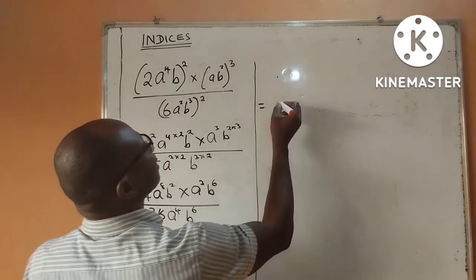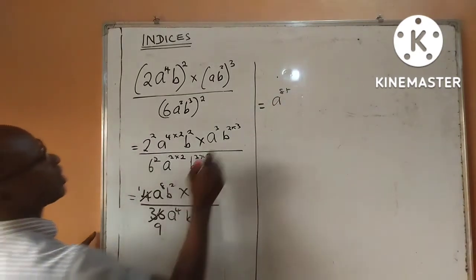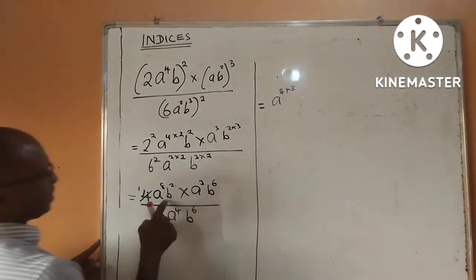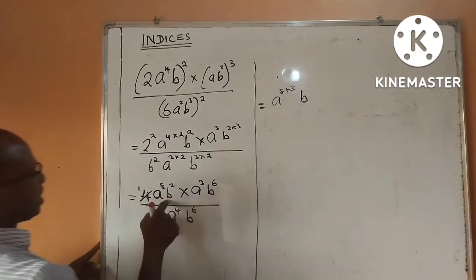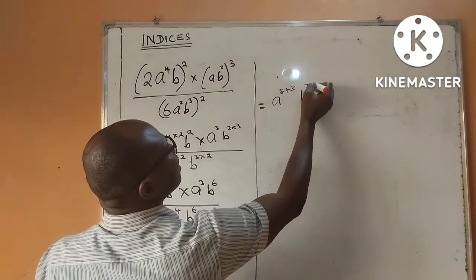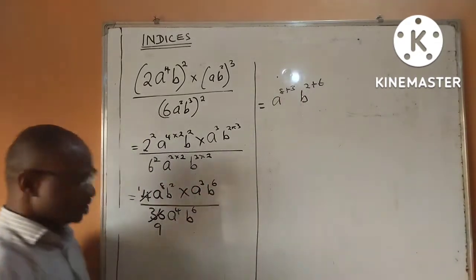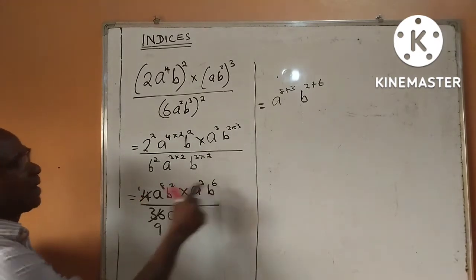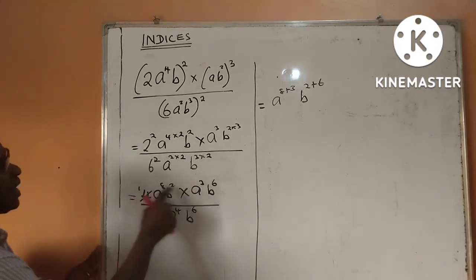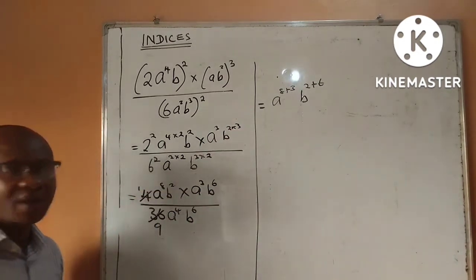So that is going to be a raised to the power 8 plus 3. Then times b raised to the power 2 plus 6. That is it. So I have b here raised to the power 2, b here raised to the power 6. You just add the powers. The a raised to the power 8 times a raised to the power 3, just add the powers. That is what I have done.